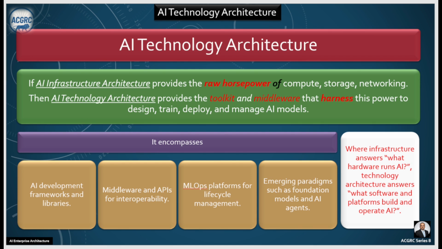It encompasses AI development frameworks and libraries, middleware and APIs for interoperability, MLOps platforms for lifecycle management, and emerging paradigms such as foundational models and AI agents. So, when infrastructure answers what hardware runs AI, technology architecture answers what software and platforms build and operate AI.